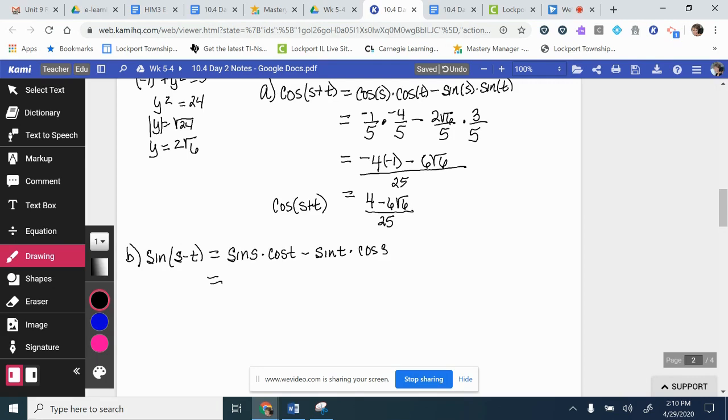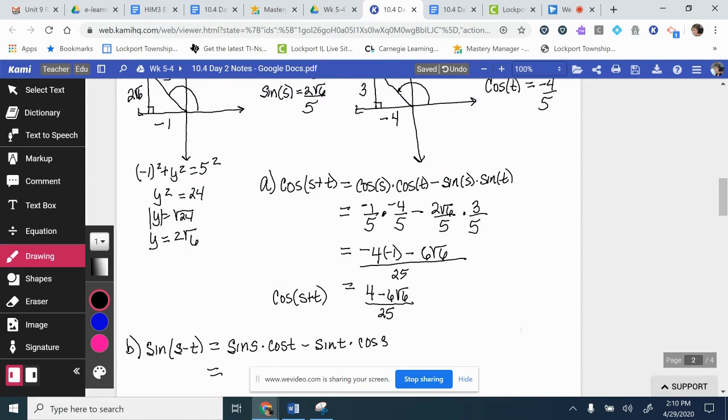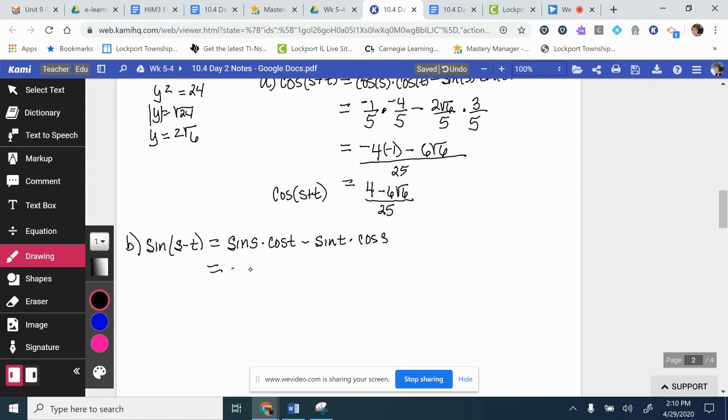And then we just get those components again. So our sine of s is 2 square root 6 over 5. The cosine of t is -4/5. My sine of t is 3/5, and that cosine of s was 1/5.